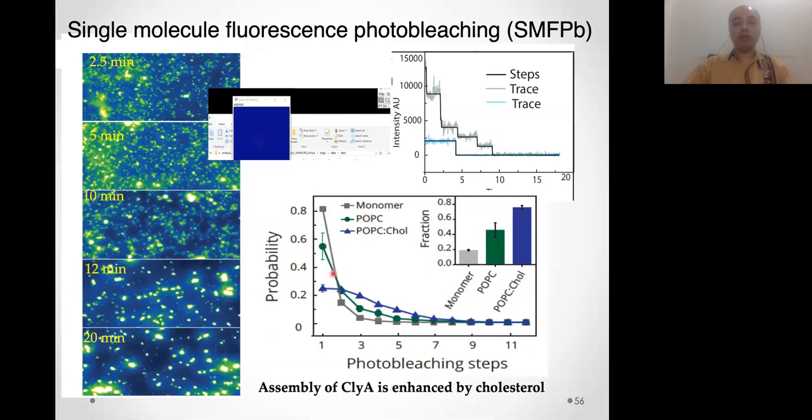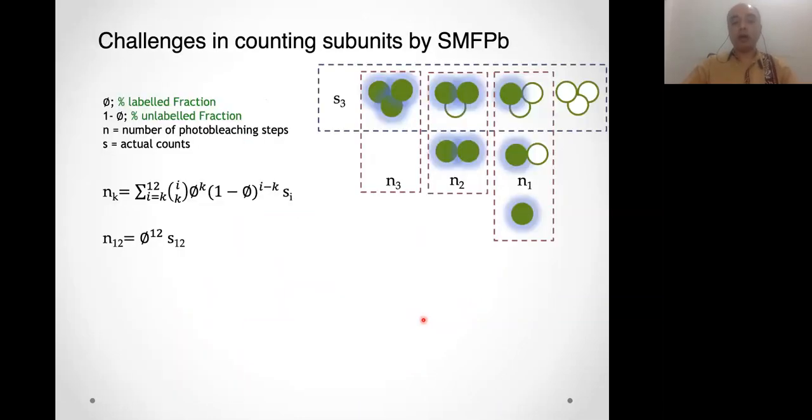You can see that the monomeric fraction has gone down, other fractions have gone up. But if you take POPC cholesterol, the monomeric fraction becomes very, very small, or at least small enough that the other fractions are large. So the assembly into higher order structures is happening better than it would have happened otherwise. Okay, so doing this photobleaching analysis, you can predict this.